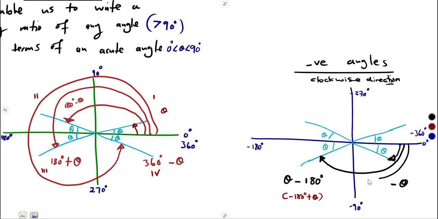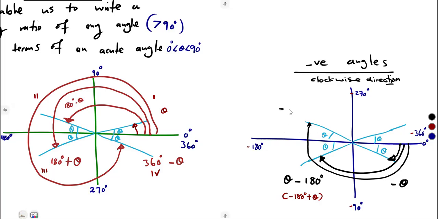In the second quadrant, this will be our angle. As we can see up to here, the theta is involved there. We're actually supposed to add, to say 180 plus theta. But remember, these are negative angles.